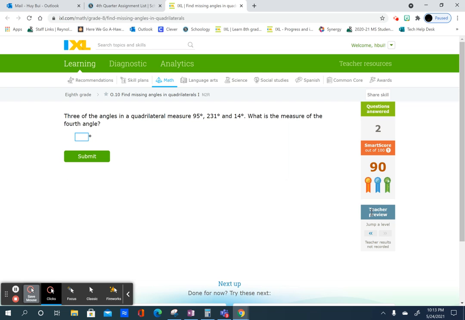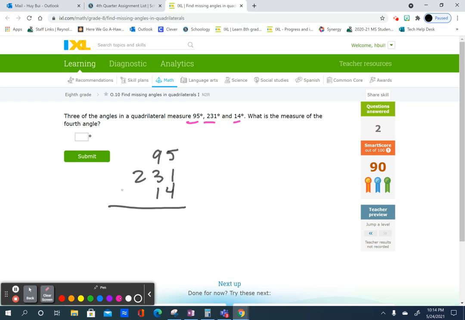It might give you a word problem, but let me just focus on it. It has three angles, 1, 2, 3. So let's add them up. 95, 231, and 14. 5 plus 1 is 6, 6 plus 4 is 10, 1 plus 9 is 10, plus 3 and 1 is 14.